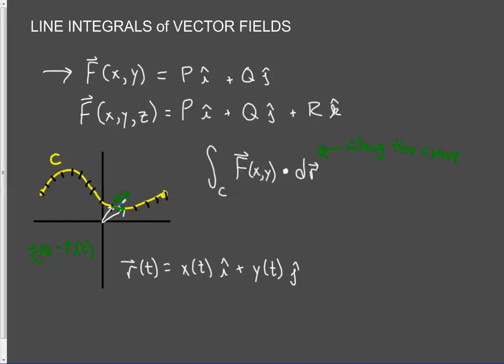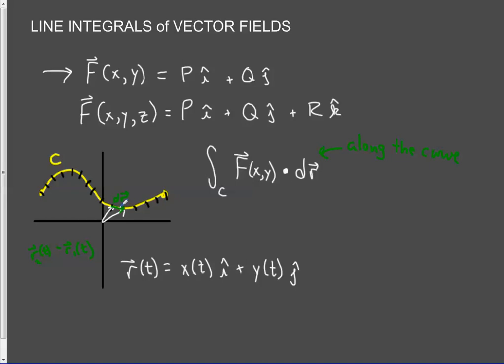Its magnitude is the arc length. So in a way, we're still weighting by arc length, but it's more than just that number. It's also a vector weighting, and the direction is in the direction the curve is going.